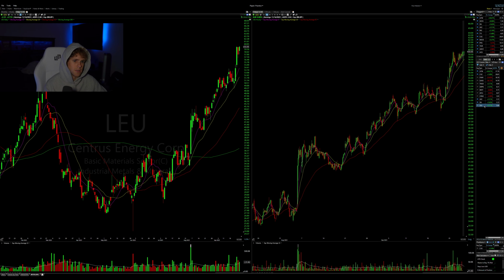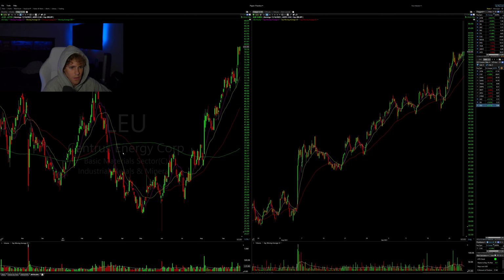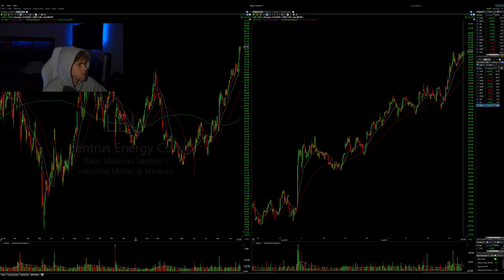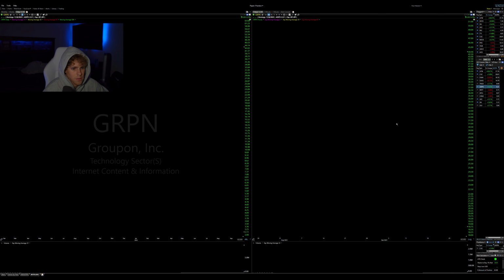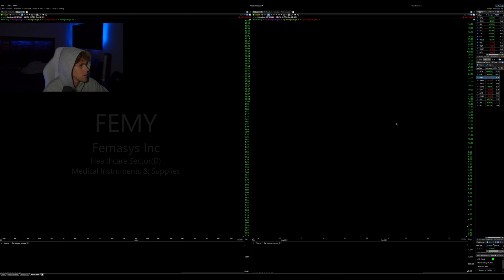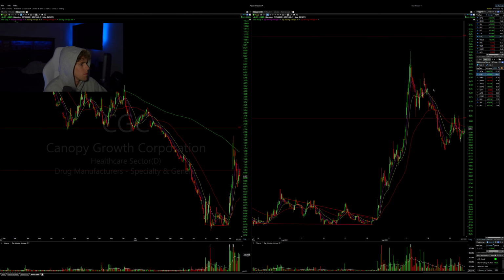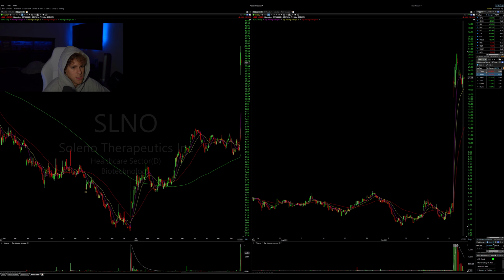Now, okay, this is another one. Basic materials. You'll see UEC is also basic materials. What else was basic materials? I think there was another one. Maybe not. If we go through the 3 month gainer, wow, these scans are looking thin.